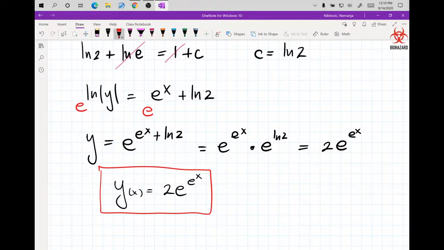This is a formula that is 100% ready for your input-output situation. And this is the one that you supply to the market, because it's simplified till the end. Now, if you give me, let's say, x equal to 0, then I can compute e to the x is 1, and then I have 2e, so y equals 2e would be the answer. So I have a perfectly functioning function.